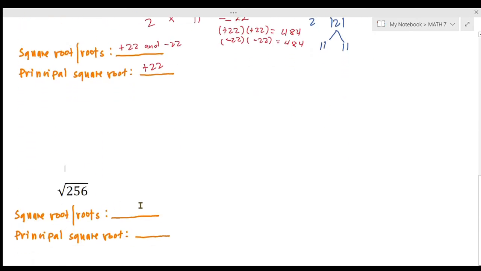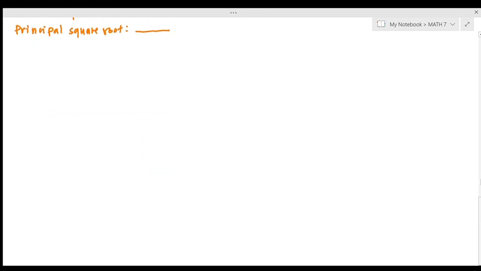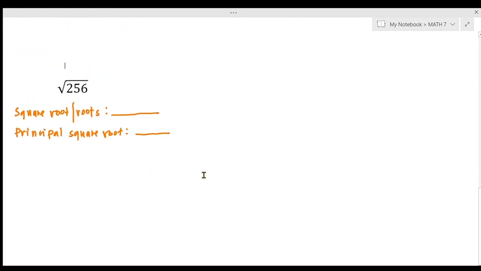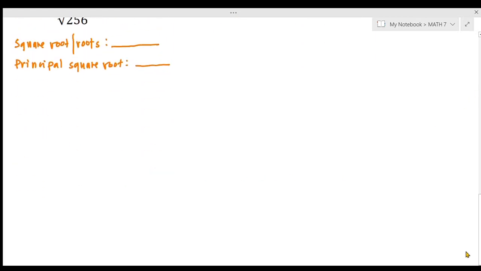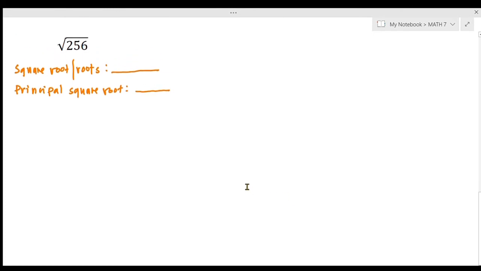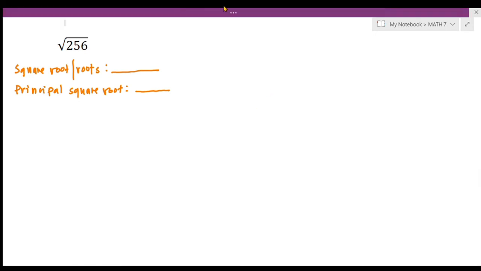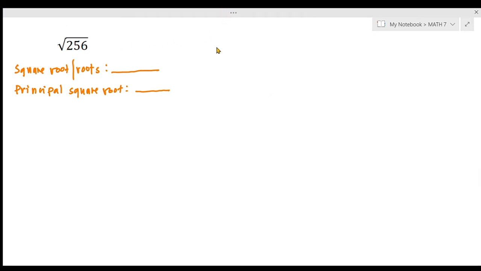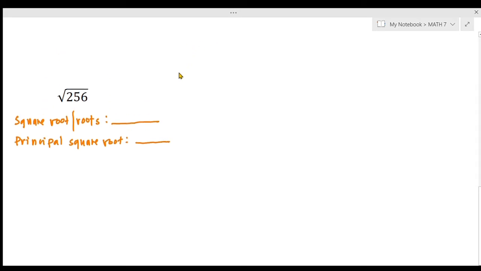So next example tayo, we have 256. How are we going to find the roots of 256? Same process tayo. What we are going to do is use the factor tree or the prime factorization for us to be able to find those numbers that compose or result in 256.